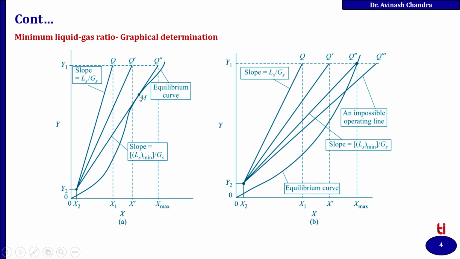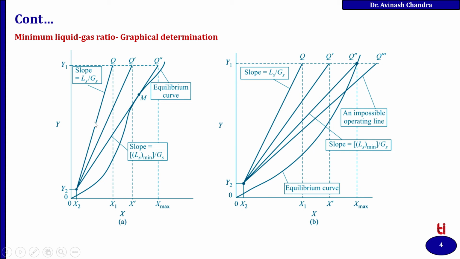So this point M will provide you the slope of Ls upon Gs, which is termed as the minimum liquid gas ratio, whereas the original gas liquid ratio or the real absorption is often somewhere else or away from this particular line, such as Q dash and Q. The slope of this line will be the Ls upon Gs.